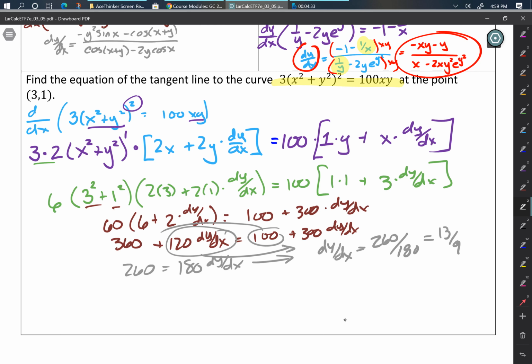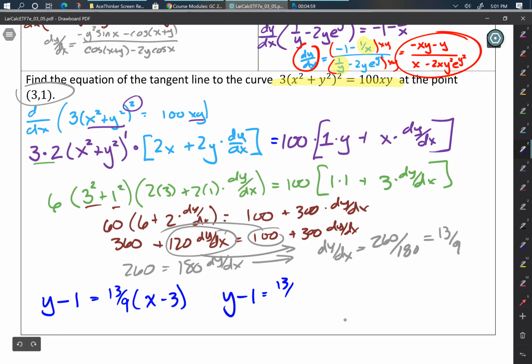Okay? So 13/9 is what? Oh yeah. That's the slope of the tangent line to the curve, because that's the value of the derivative when we plugged in the 3 and the 1. And now that I know the value of the derivative, I can just use that point slope formula and say that y minus 1 is equal to 13/9 times x minus 3, which gives me y minus 1 is equal to 13 ninths x minus 39 ninths.